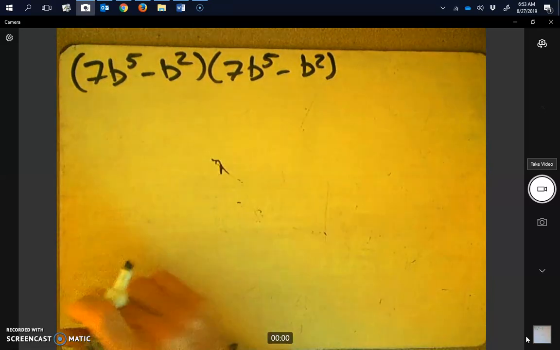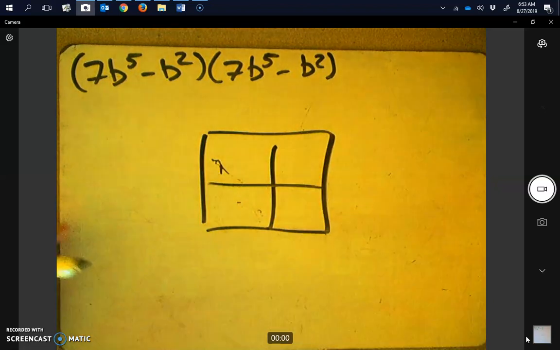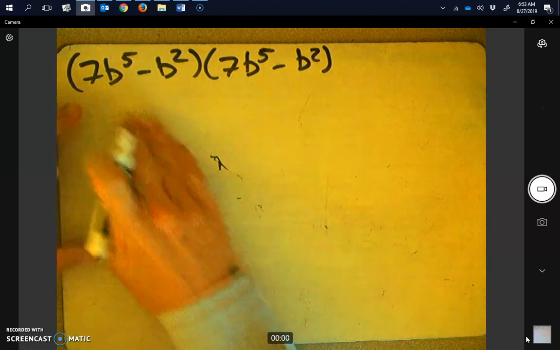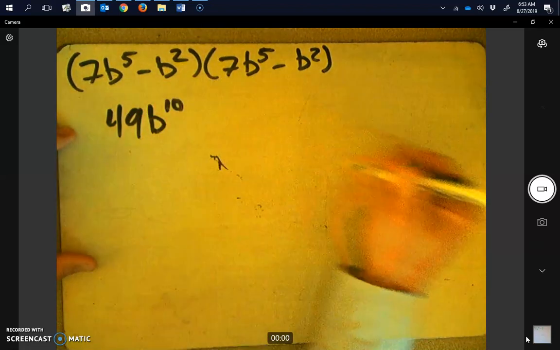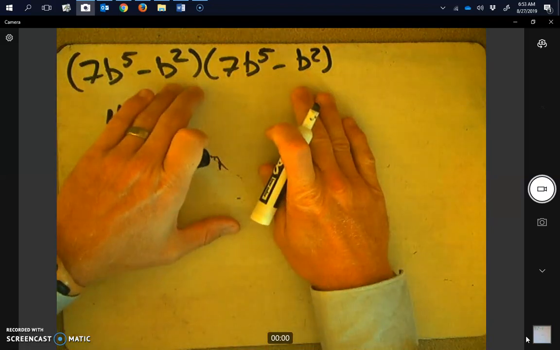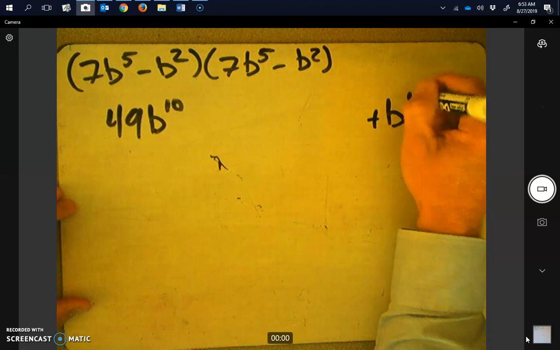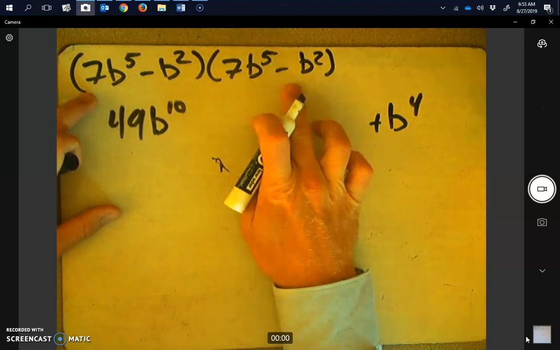We're going to distribute. Once again, if you want to do the box method, you can do that. I mean, actually, after this question, I'm going to do it in my head. So 7 times 7 is 49, b to the 10. If you want to go straight to the last term, like I said, it's going to be positive. Negative times a negative is a positive, so positive b to the 4. The middle term, we get 7b to the 5 minus b squared.